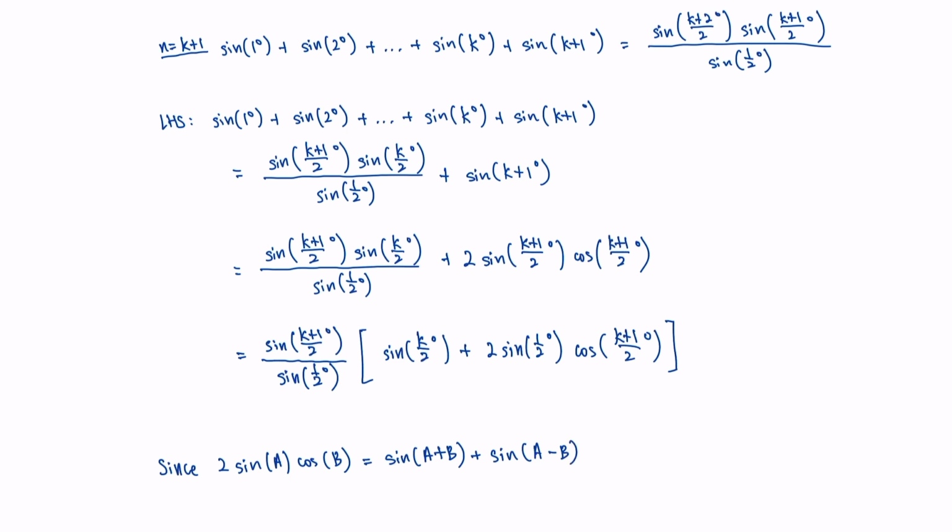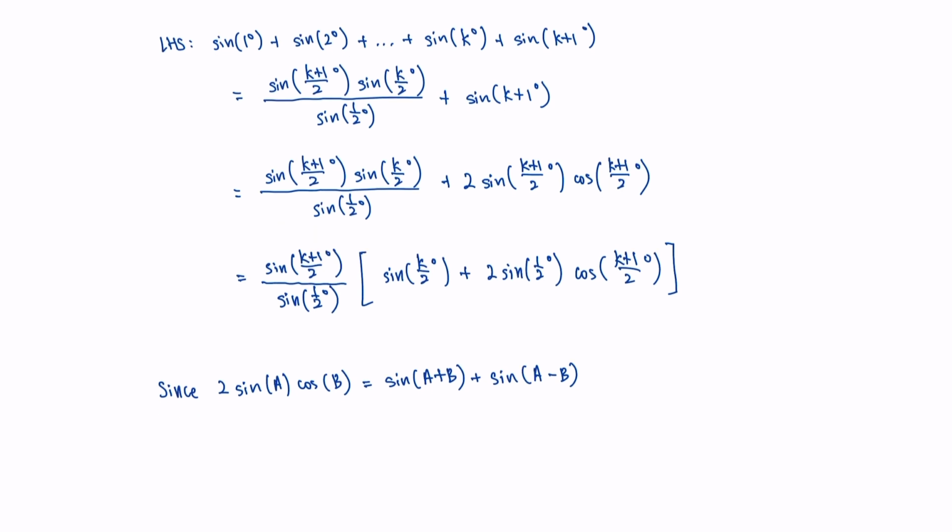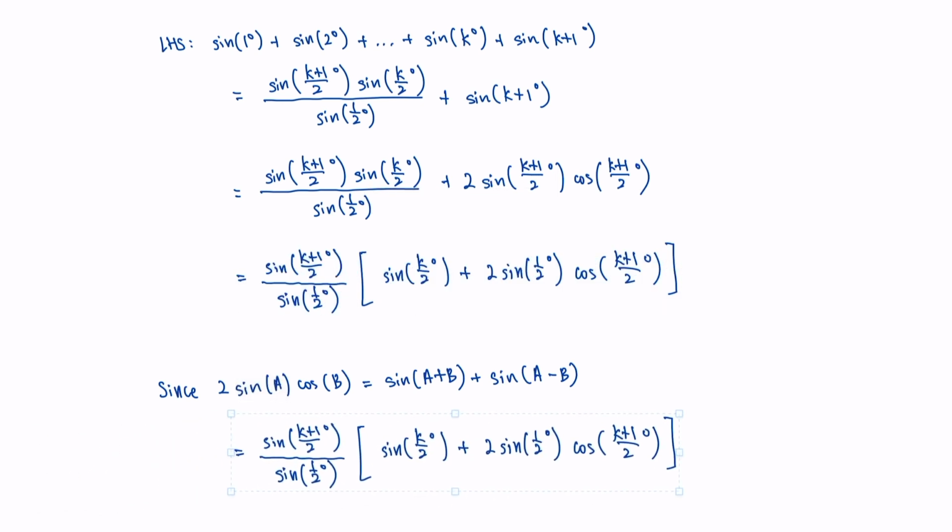Okay, so now we're going to use this fact to fix up this second part inside the square brackets. Okay, so I'm just going to copy this. Saves me from writing it all up again. So we have this, but now this second term here, let's fix that up a bit.